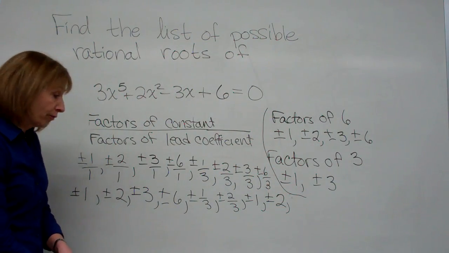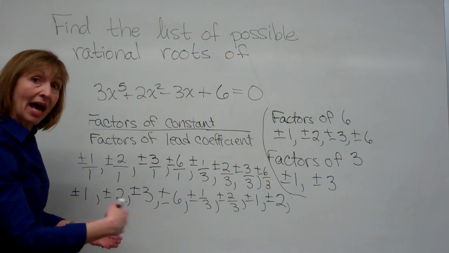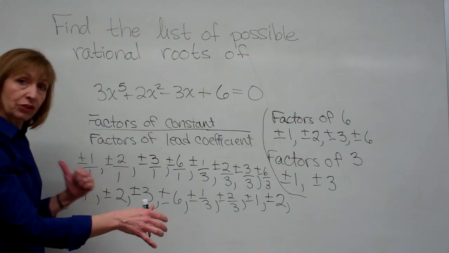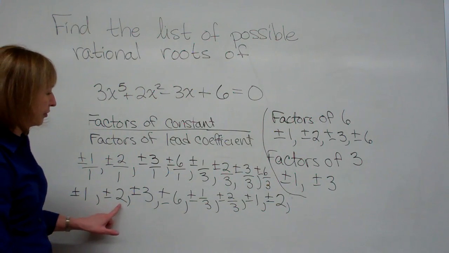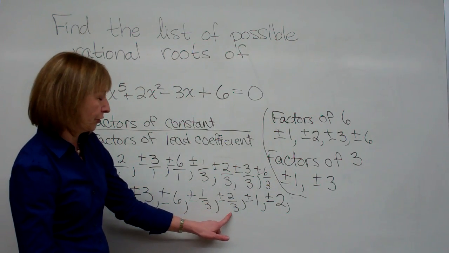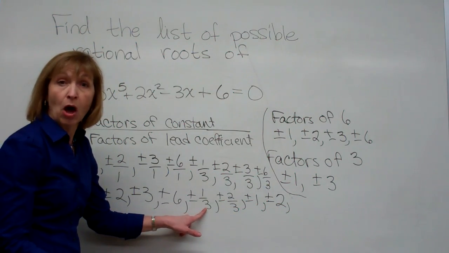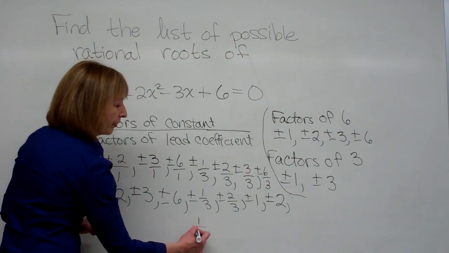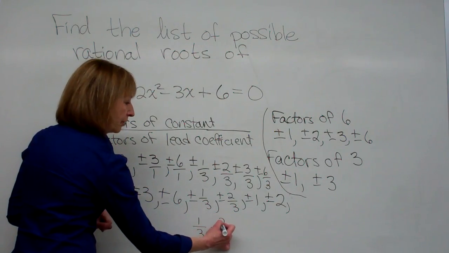Now, something that's helpful is to put this in order from smallest to largest. We'll do that for the positive choices first, and then we'll just reflect it back for the negative ones. So out of all these numbers, 1, 2, 3, 6, 1/3, 2/3, and then the 1 and the 2 are duplicates, 1/3 is the smallest number. So I'll write 1/3. And after that, the next smallest is 2/3.